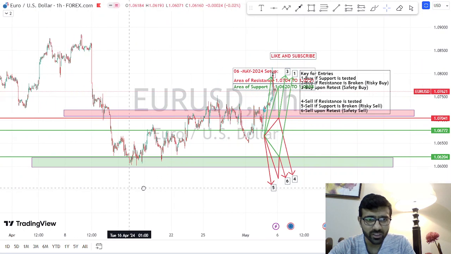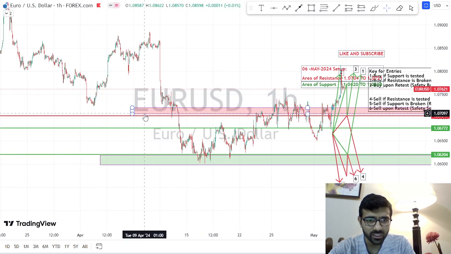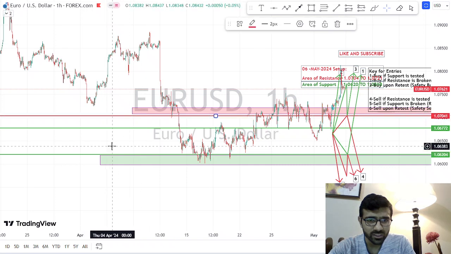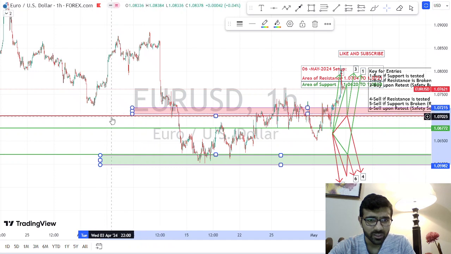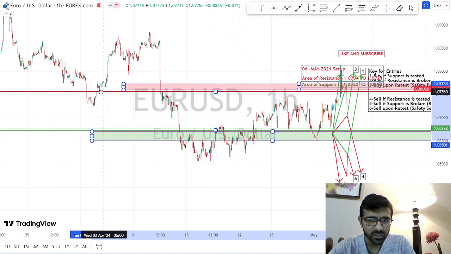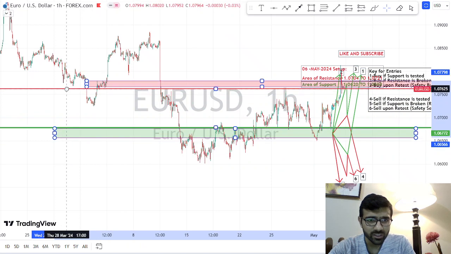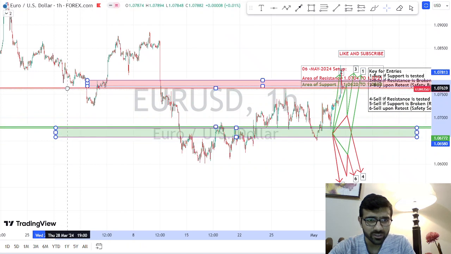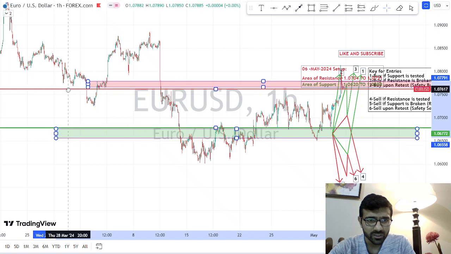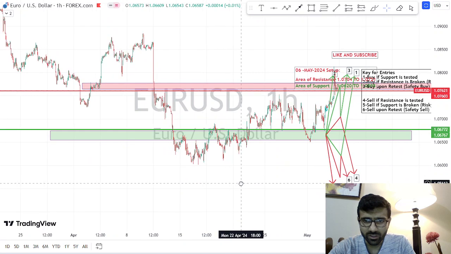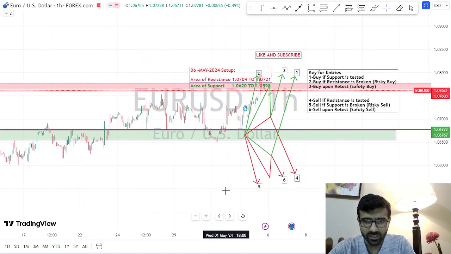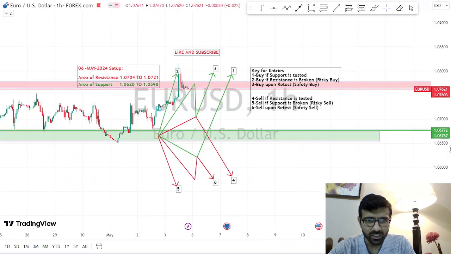So now we will create the new selling points, and you guys can see that the next best zone of selling will be approximately this area. Okay, this is an area of resistance now, this area. Yes, this is an area of resistance, and this is the area of supply, very clearly.